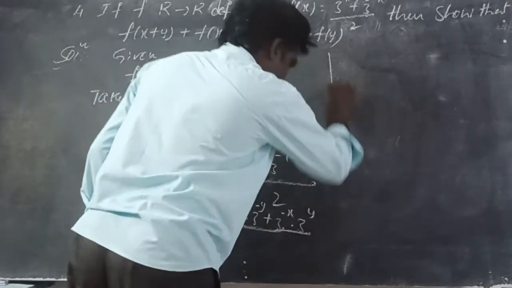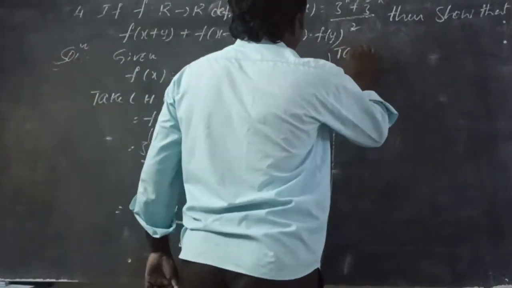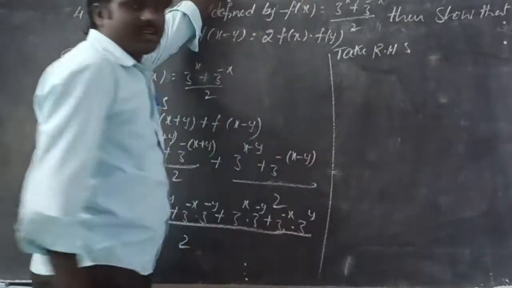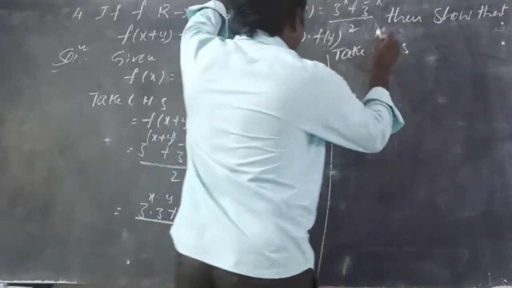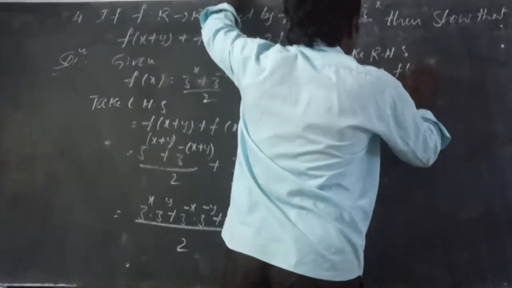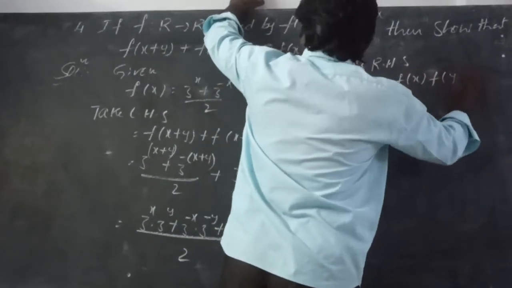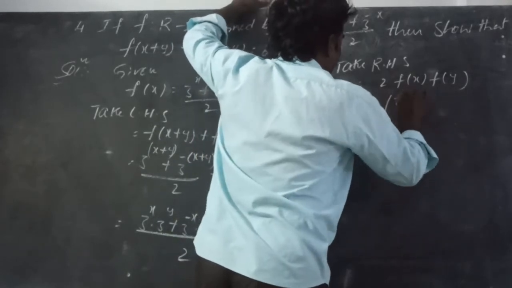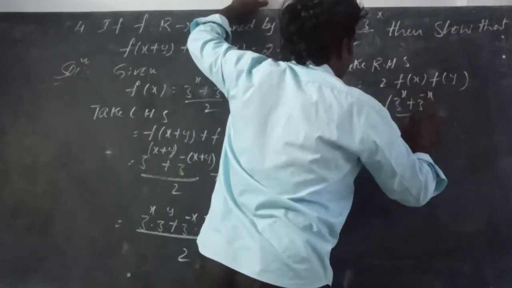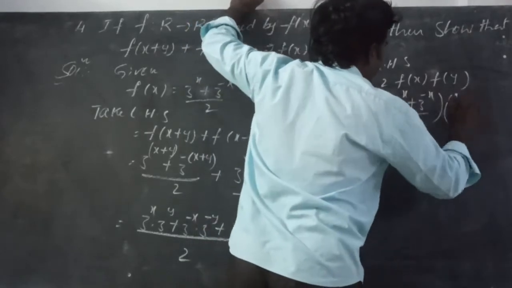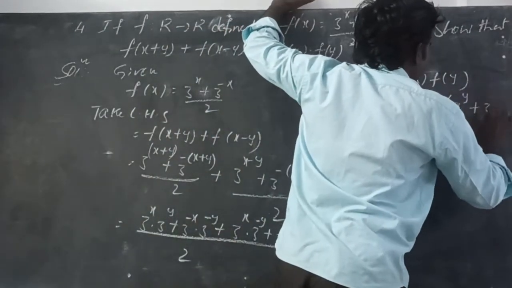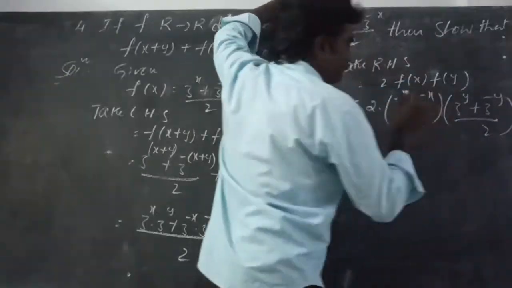Okay, next take RHS. So what is the RHS? 2 f of x into f of y. So that is 2 into f of x, (3 power x plus 3 power minus x) by 2, and f of y, in the place of x you can put y, that is (3 power y plus 3 power minus y) by 2.